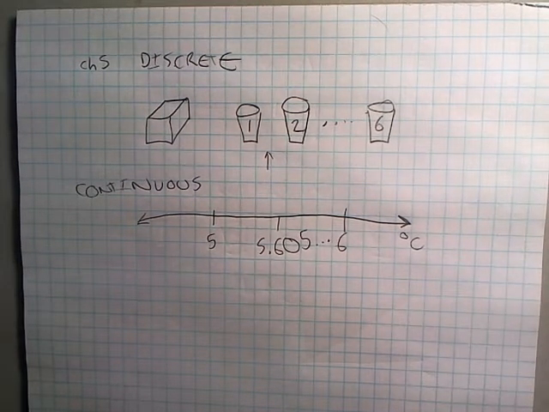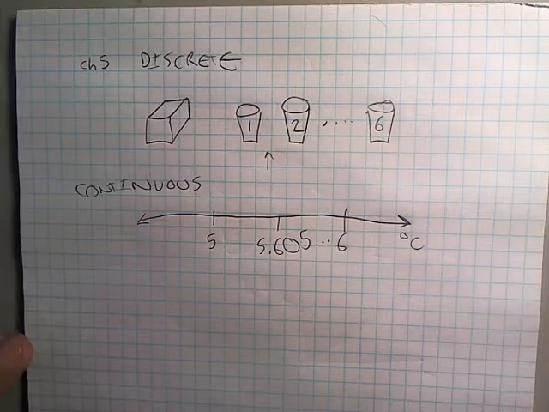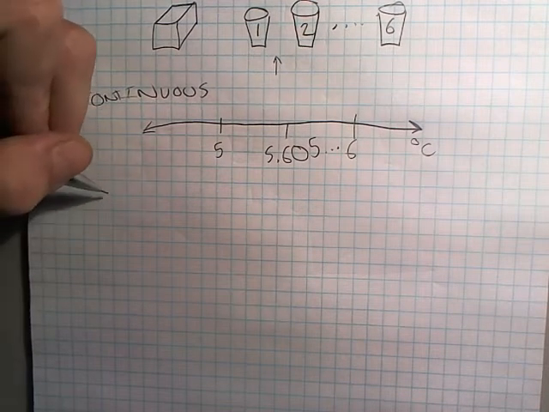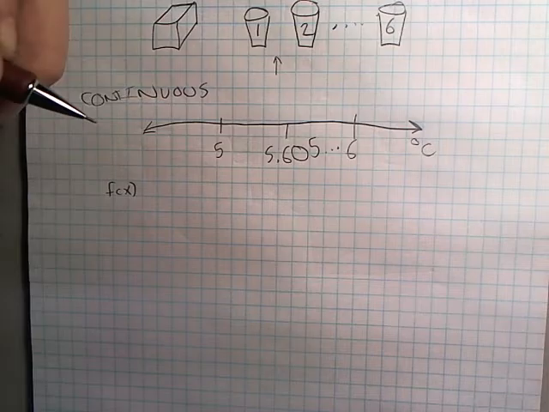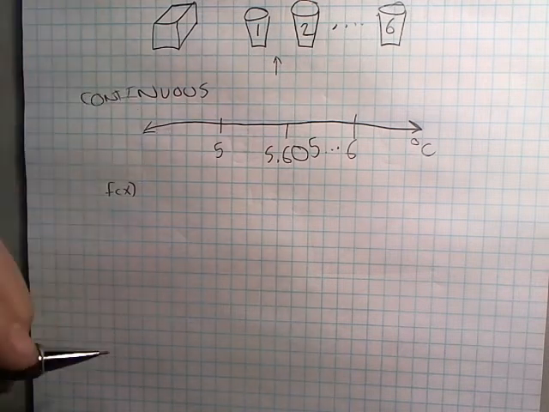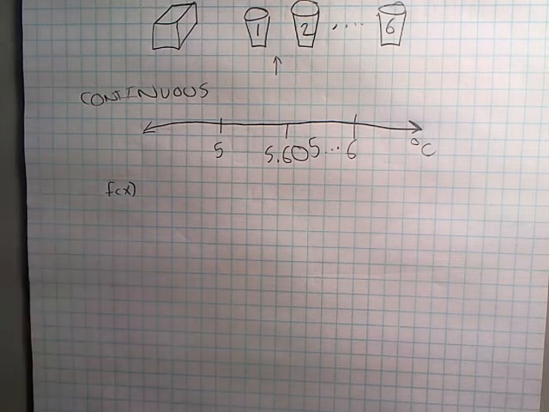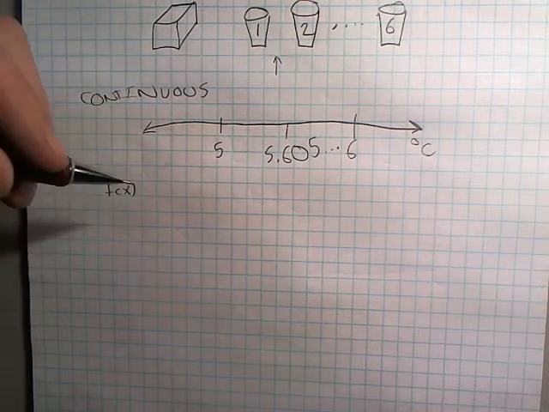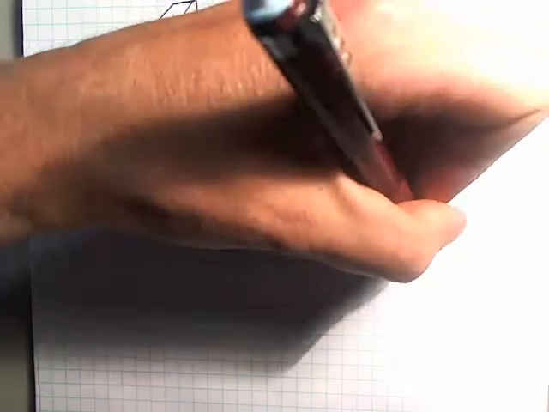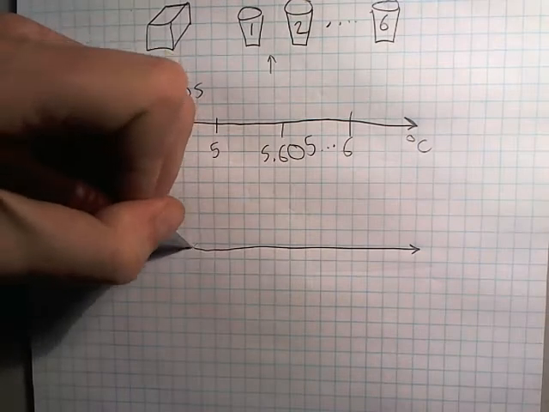Let's now look at the characteristics of a continuous probability distribution. A continuous probability distribution always can be represented as a mathematical function, f of x, for example. And let's draw a continuous distribution here. I'll use the example of a normally distributed function. So we'll draw our number line down here.